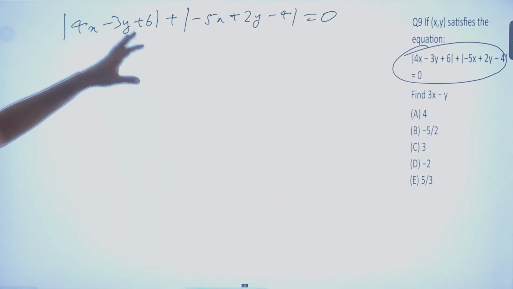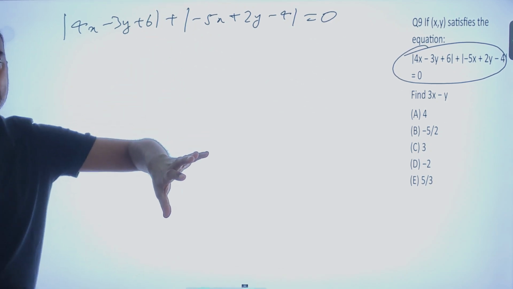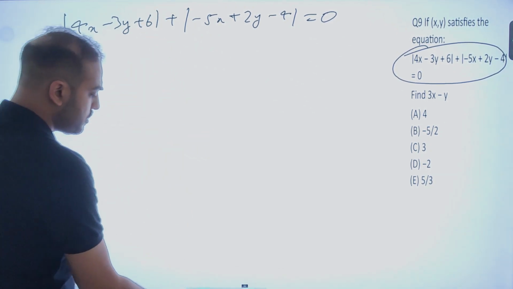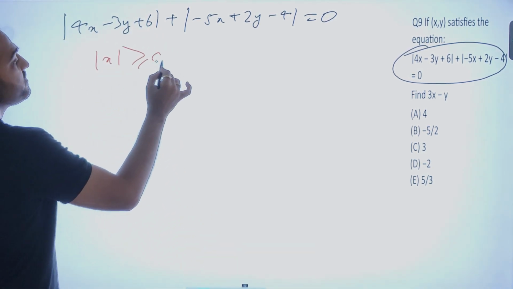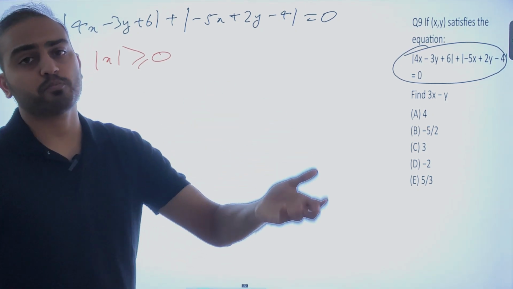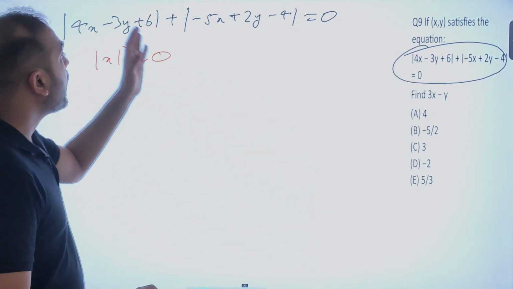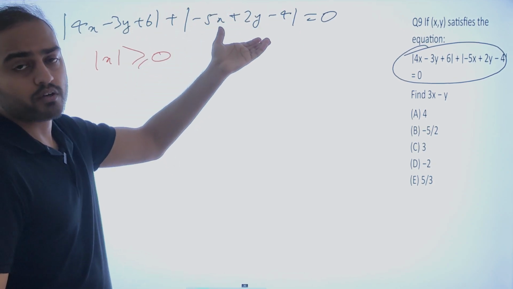Again, do not rush and break it into plus minus. Think for a minute, think logically. What do we know? We know that modulus is always greater than or equal to 0. In short, the answer of a modulus is always positive or 0. How can the sum of two numbers be 0 when none of them can be negative?